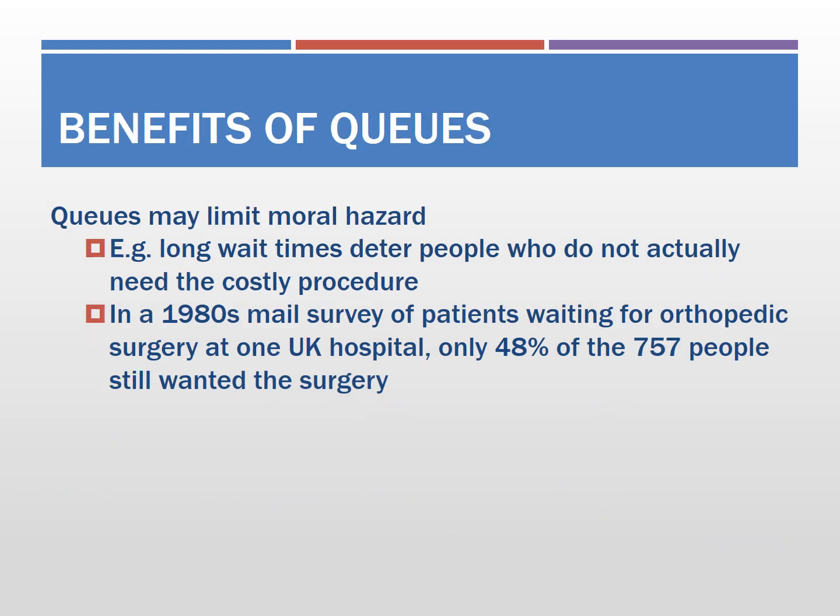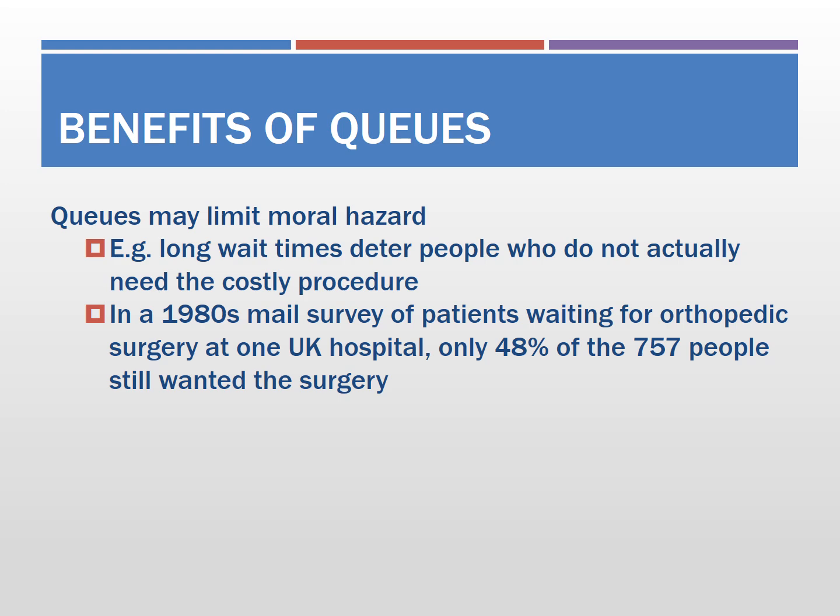Most of the time, queues are perceived negatively, but they may actually serve some desirable social purpose in the system. For example, long waiting times might deter people who don't actually need the costly procedures. By providing these long queues, it allows people to give up this free service.